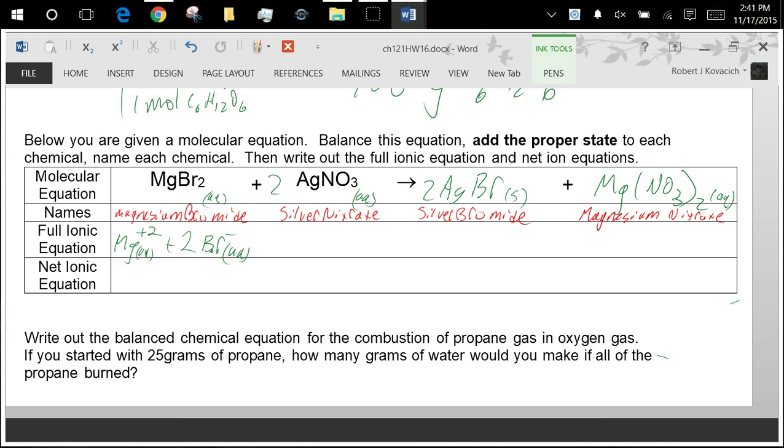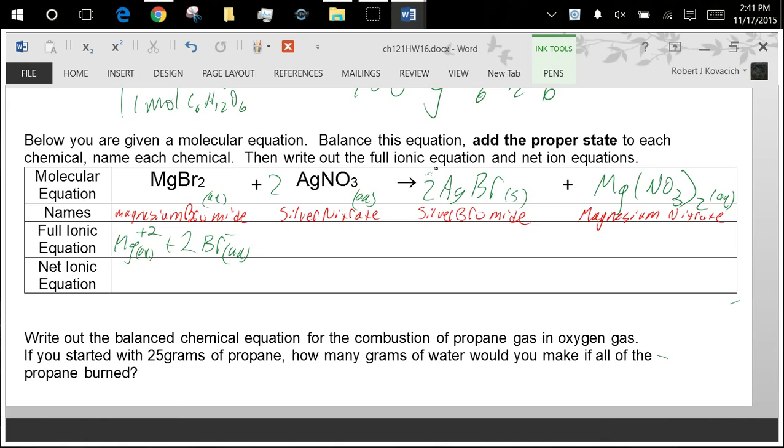Then why did you add the 2 on the AgBr? I'm just confused. Because there are 2 bromines, right? Which 2? The 2 in front of the silver bromide? This 2 right here? What is this 2 saying? There's 2 of that. 2 of that whole thing. Oh. 2 AgBrs.